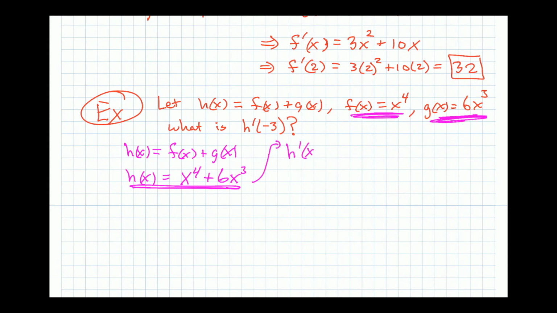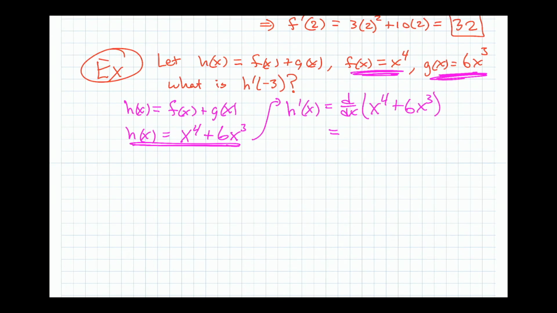So the derivative of h is, I'll write it this way, the derivative of x to the 4th plus 6x to the 3, which is, and then this is where you take the derivative using the power rule and your other rules, right? But once you're okay with them, you don't write all the rules down. So what's the derivative of x to the 4th?